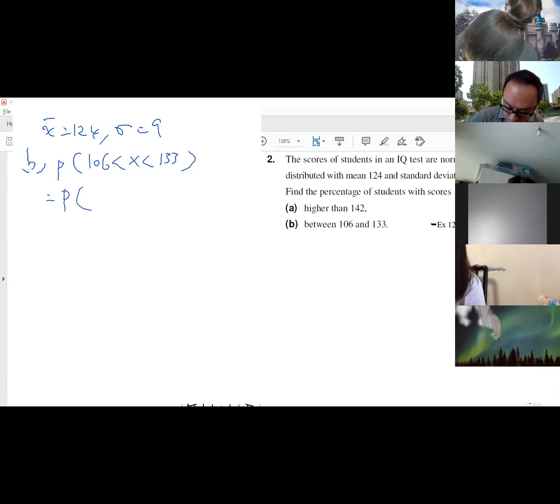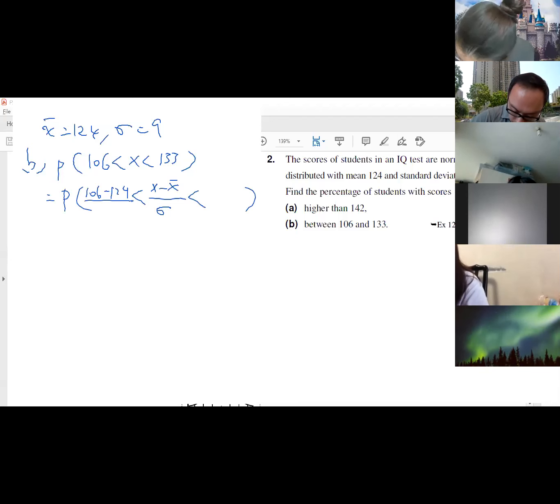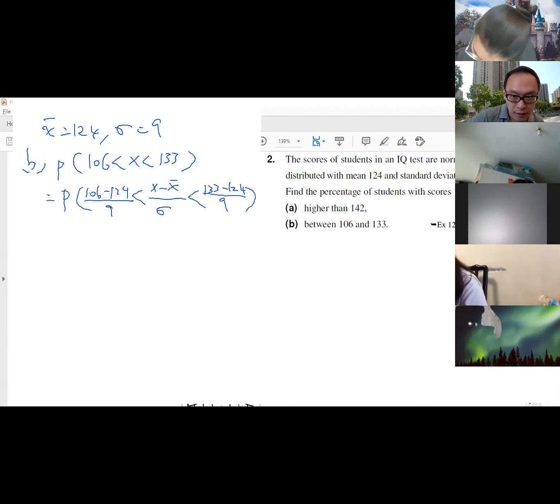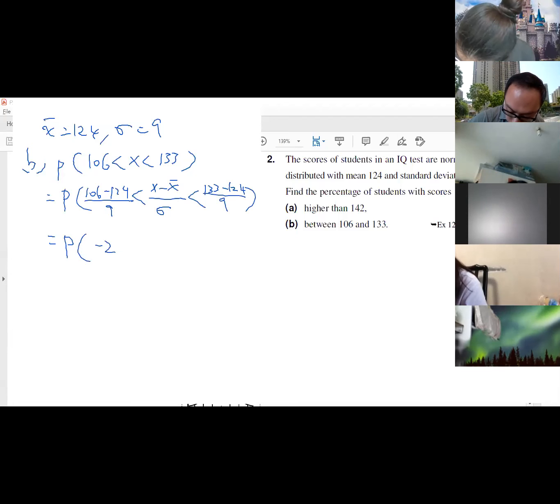Okay, so 106 minus the x bar, which is 124, over sigma, which is 9. The right hand side is 133 minus 124 over 9. Okay, and then we do the calculations on the numbers part. And I think it should be -2. And then we keep the symbol here.